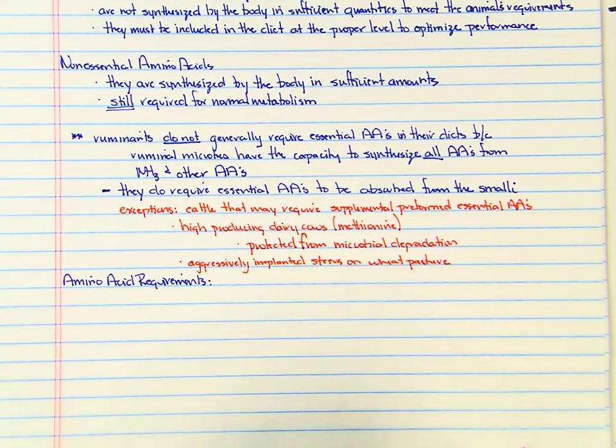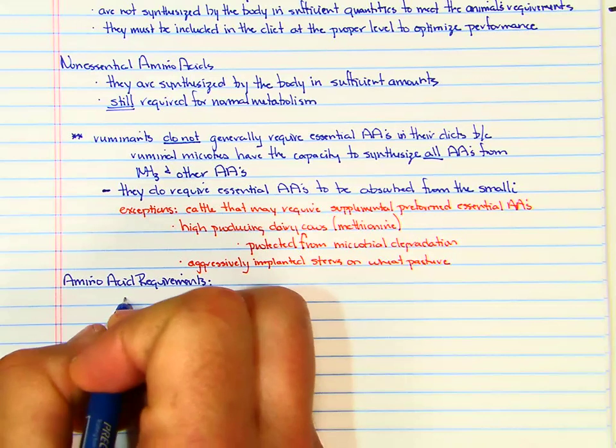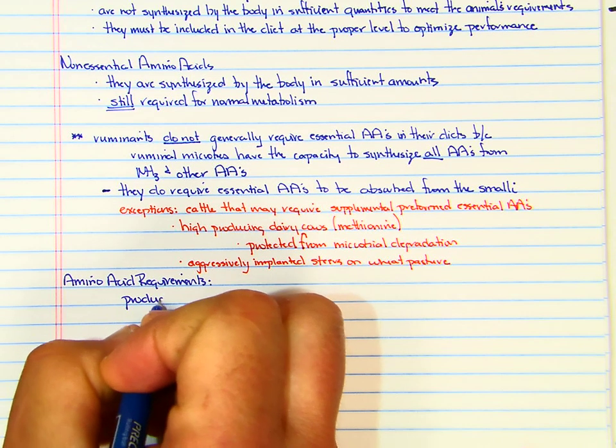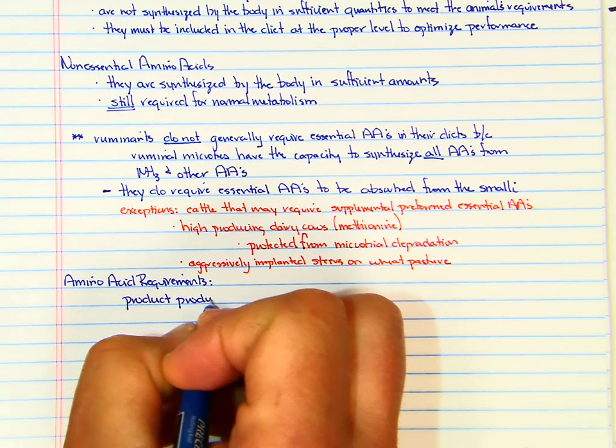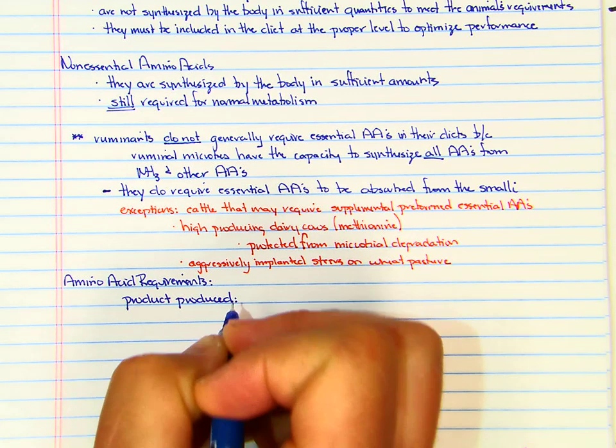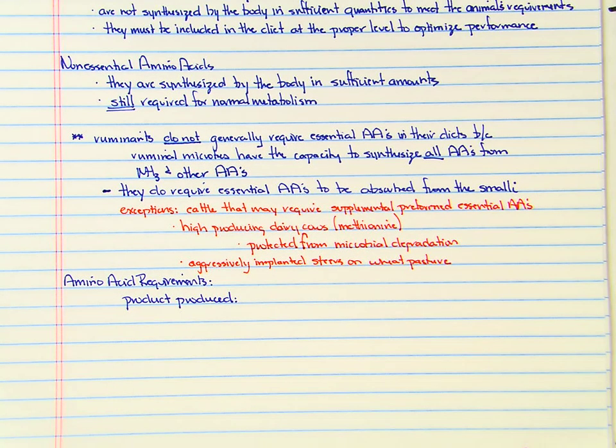our amino acid requirements are really dictated by a few things. The major driver is the product produced. So if we're producing wool, we have a set of amino acid requirements, and wool contains a lot of sulfur-containing amino acids, so we're going to have more sulfur-containing amino acids absorbed by the animal.